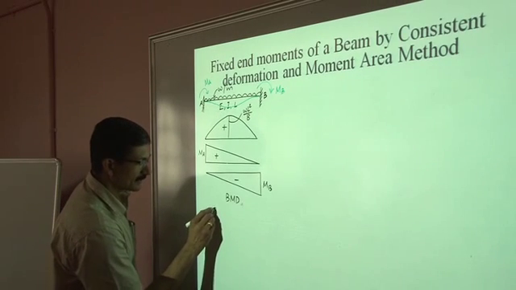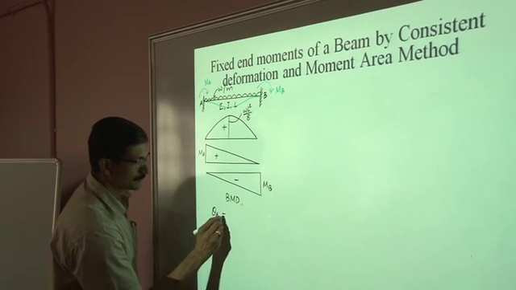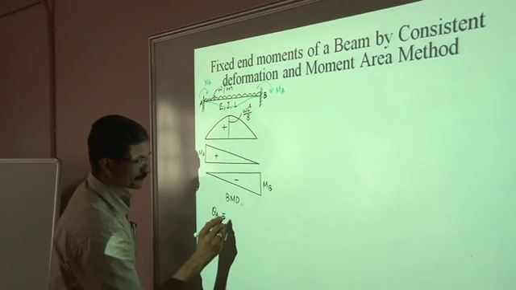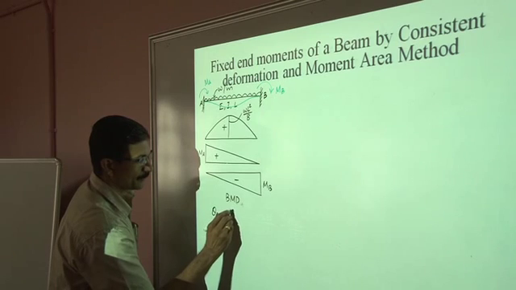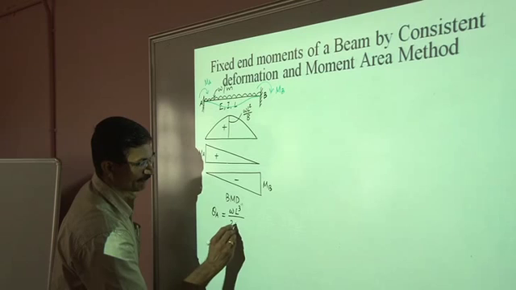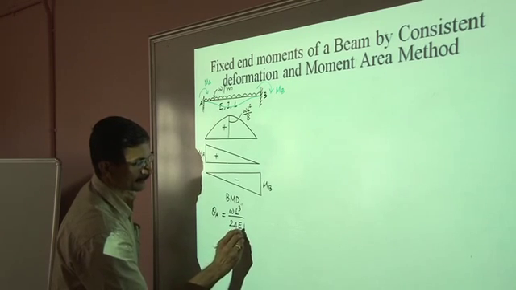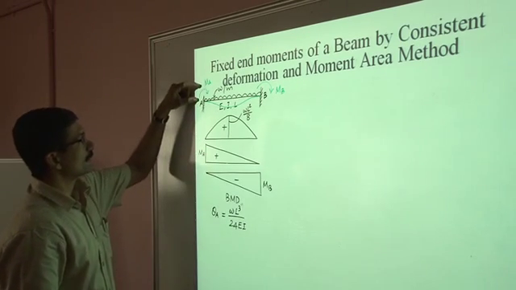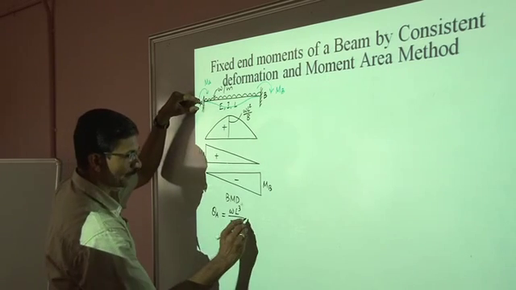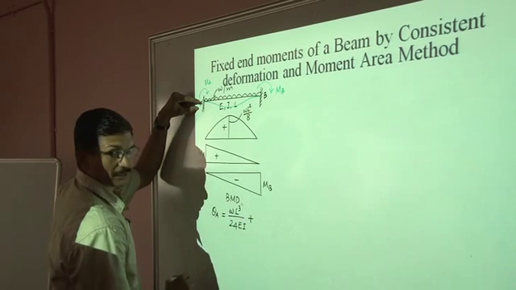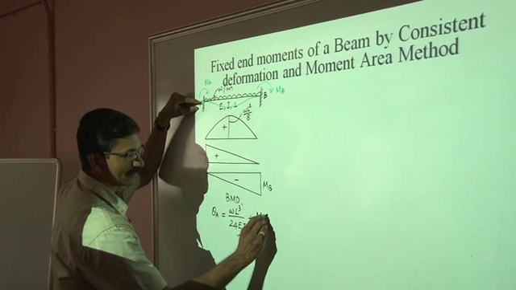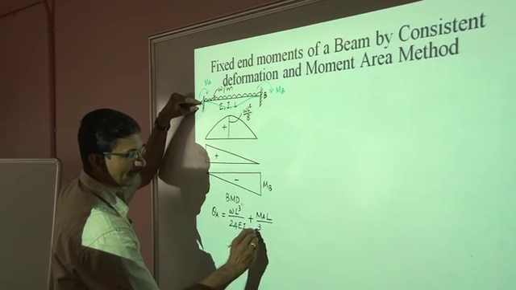theta A, as given by the moment area method, for this diagram is W L cube divided by 24 EI, as derived earlier. For a sagging moment MA at this end, the rotation here will be a clockwise rotation, so plus sign, plus MA L divided by 3 EI.